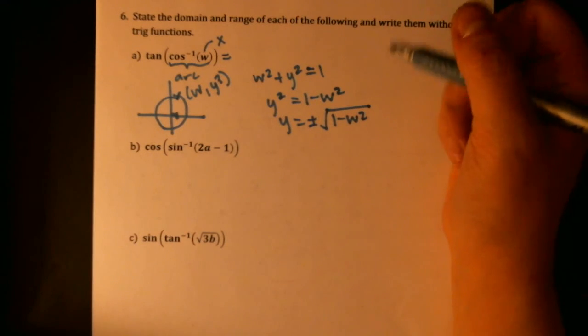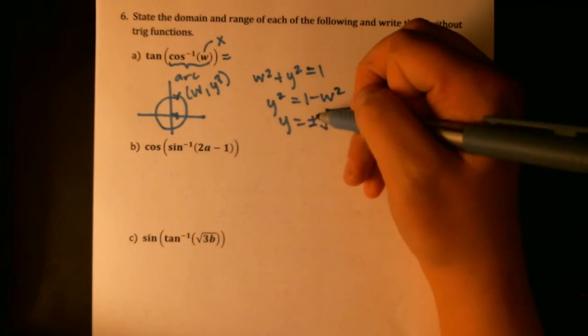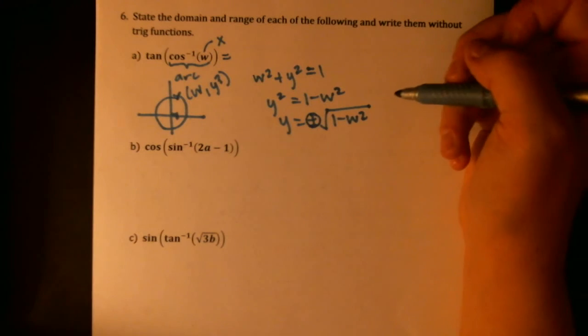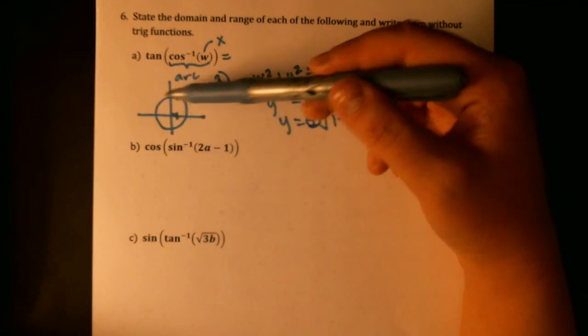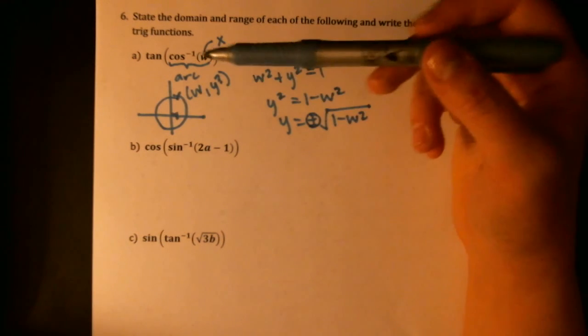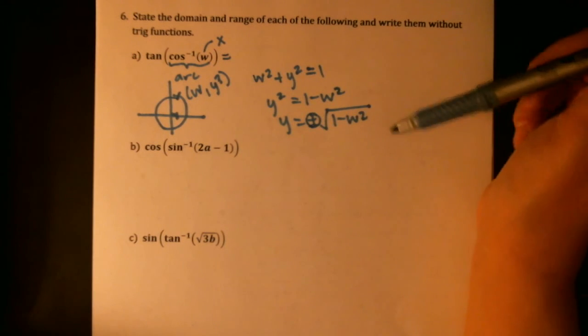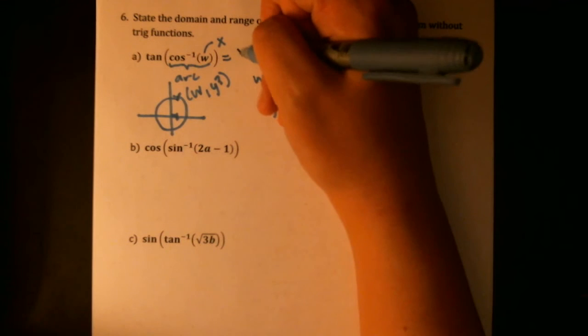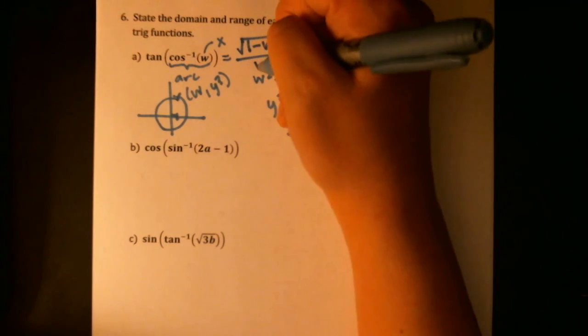And we've decided already that because it's an inverse cosine, we have to be on the top half. So our y value is positive. Okay, so now I know that I'm sitting either in quadrant 1 or quadrant 2 with coordinates w comma the square root of 1 minus w squared. And I'm looking for my slope, so it will be the square root of 1 minus w squared over w.